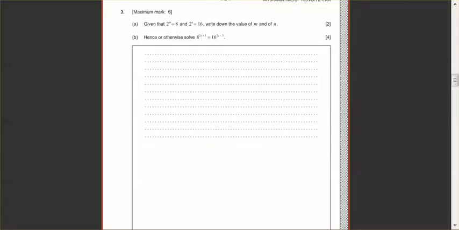Okay, question 3. So, the hence or otherwise bit makes you think, well, I should use, and the clue is this. So 2 to the power of 3 is 8. M is 3, yes. And that's even easier then, because you just understand that 2 to the power of 4 equals 16.